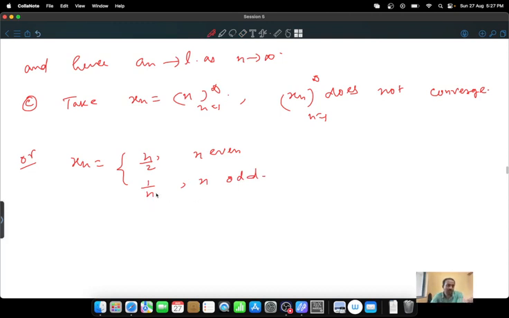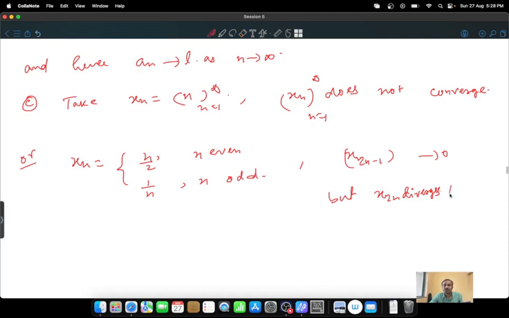It has one convergent subsequence, but the even subsequence is increasing rapidly, so the original sequence cannot converge. So x_{2n−1} converges to 0, but x_{2n} diverges to infinity. Let me not use the convergence symbol, use diverges. Okay, diverges to infinity.